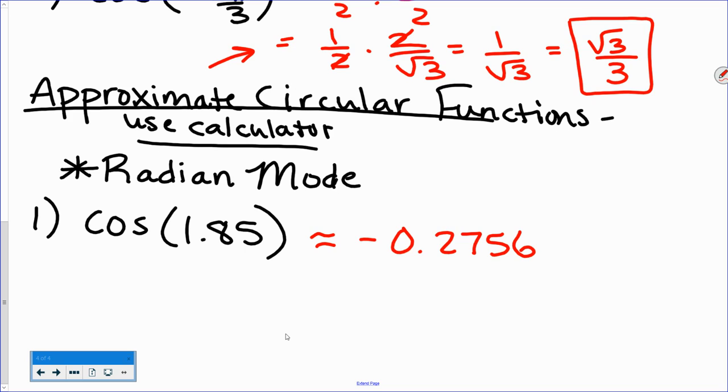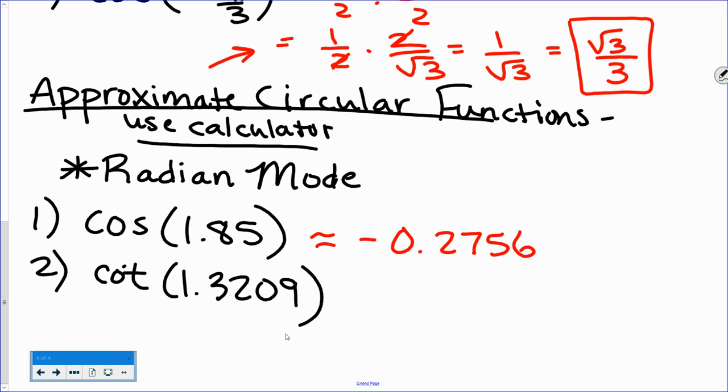Okay, and then same thing as if I gave you one of our reciprocal functions, you don't have that in your calculator. So, cotangent of 1.3209, there is no degree symbol, that's in radians. Radians is typically small numbers, decimals, 1, 2, nothing too big.